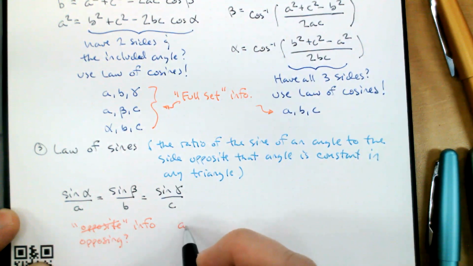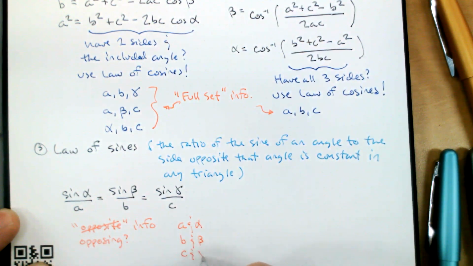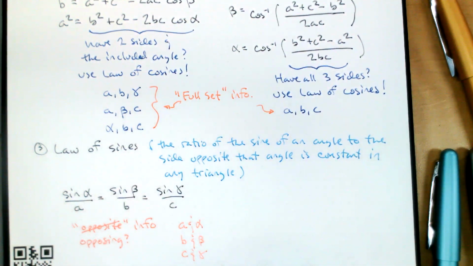To use the law of sines, I need that opposing information. I need the side, the angle, and the side opposite that angle. Then any third piece of information. Notice that that's not the case when we have the full set. The full set is an A, a B, and a C, no opposing information.